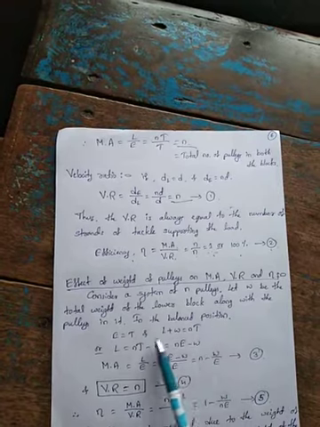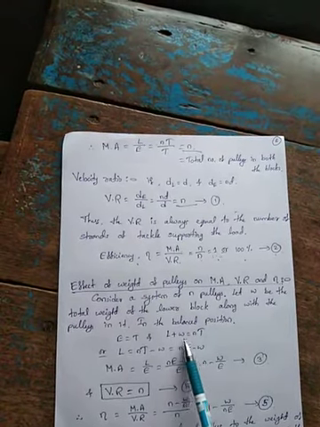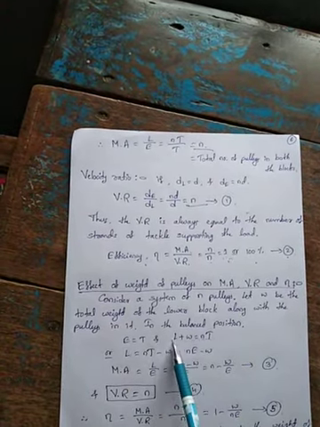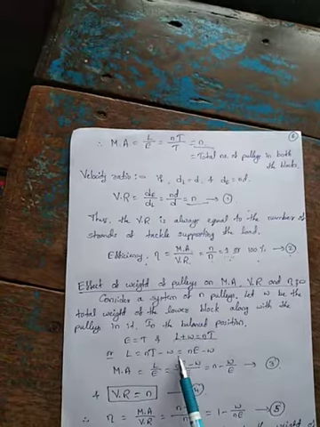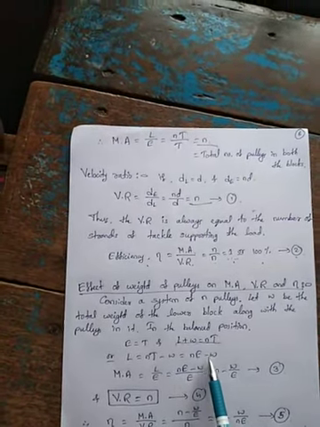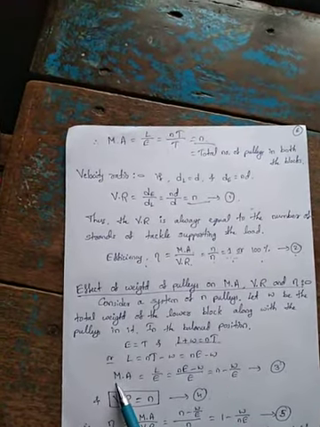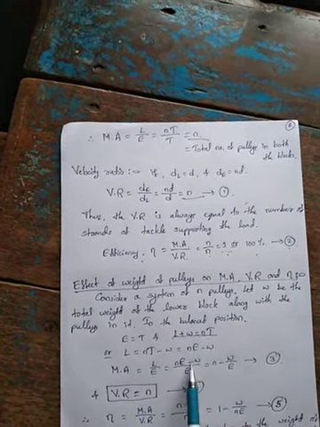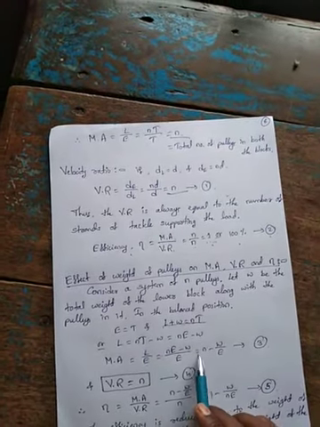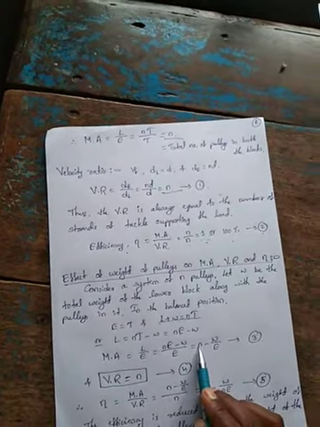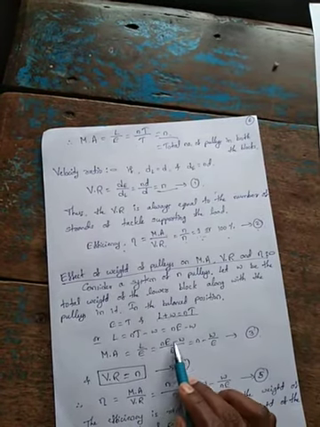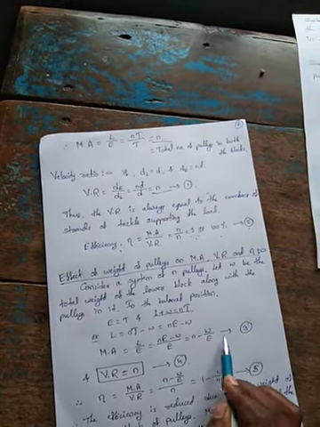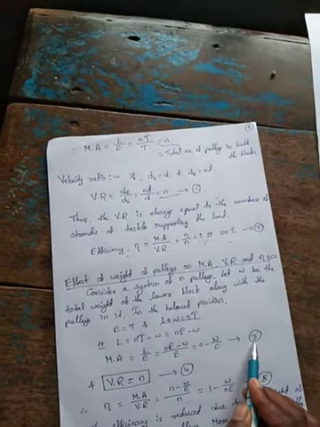In the balanced position, E is equal to T. Then L plus W is equal to nT, or L is equal to nT minus W. This is again nE minus W. And the mechanical advantage formula L by E is nE minus W divided by E. This is equal to n minus W by E. Equation number 3.